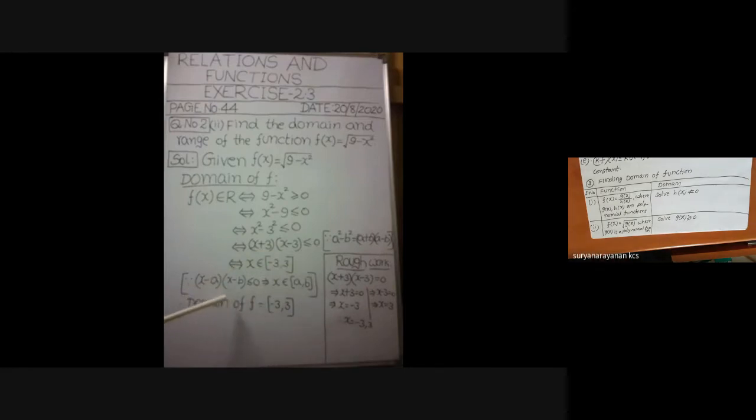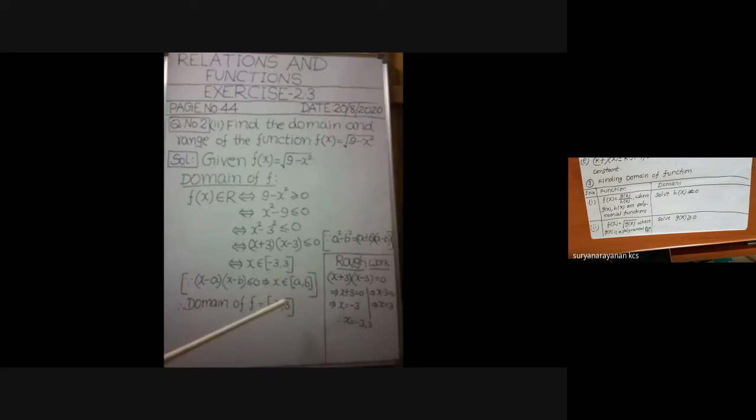What is this property? x minus a into x minus b less than or equal to 0 implies x belongs to the closed interval a comma b. Here a means minus 3 and b means plus 3. That is why I wrote this step. Understood this step, my dear children? Right. Therefore, the domain of f is equal to the closed interval minus 3, 3.